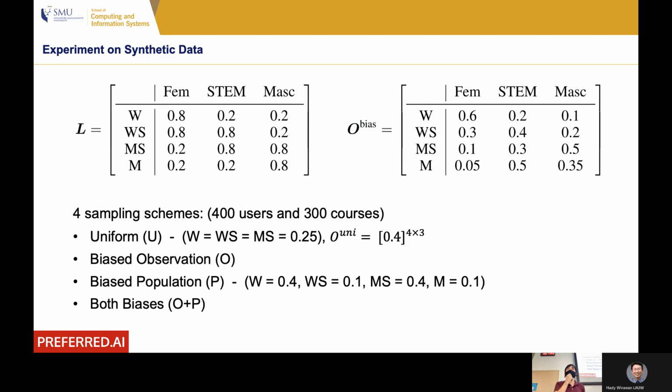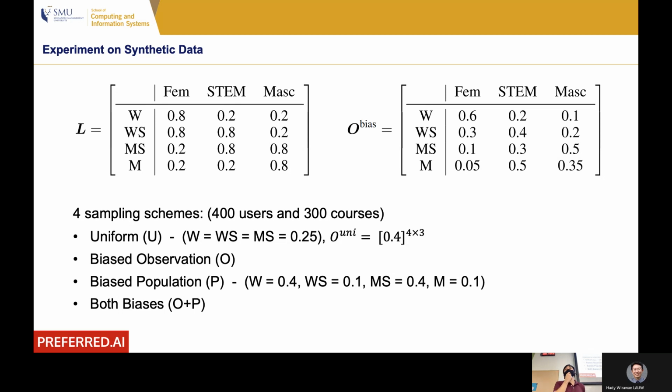For the uniform one, there is no bias. Uniform means 400 users, with each group there having 100 users, and each group of courses having 800 each. The observation probability is 0.4 for all the blocks, so we have no bias in terms of observation.